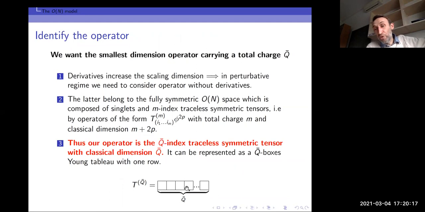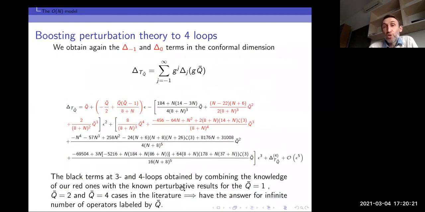Nobody goes to arbitrary Q. But in this large charge approach, we automatically work with arbitrary Q. In fact, our Q should even be large. So in this approach we automatically resum Feynman diagrams to all orders, and also for any Q.